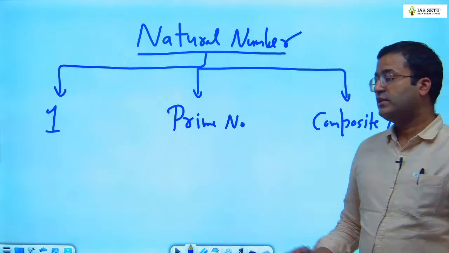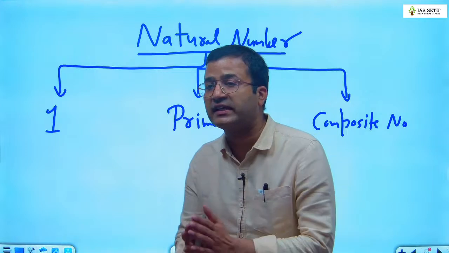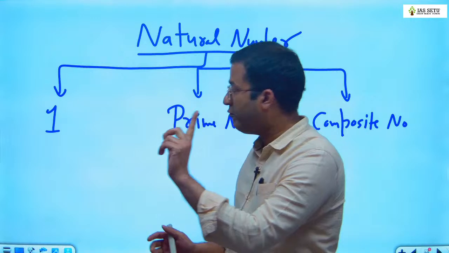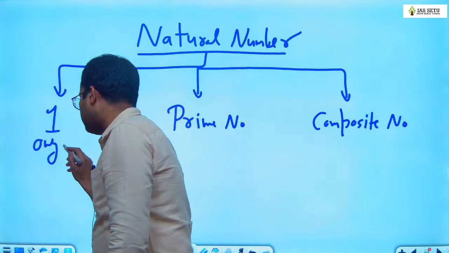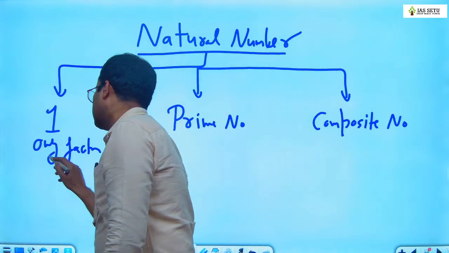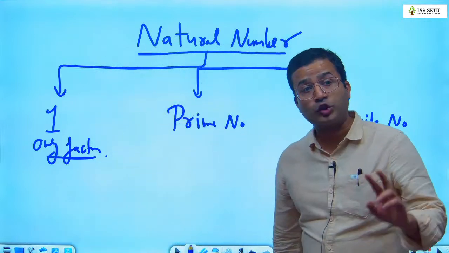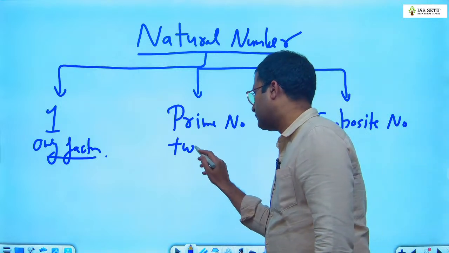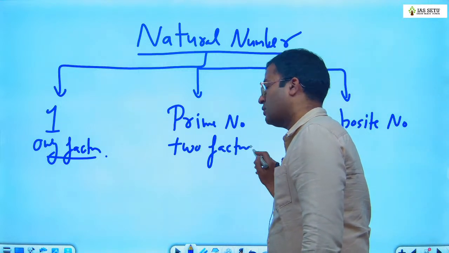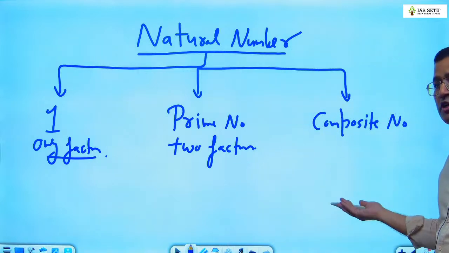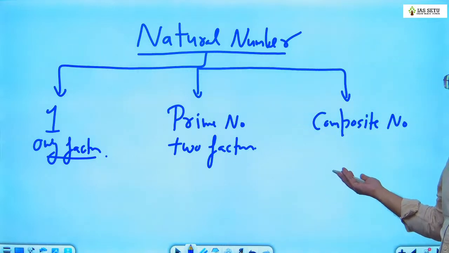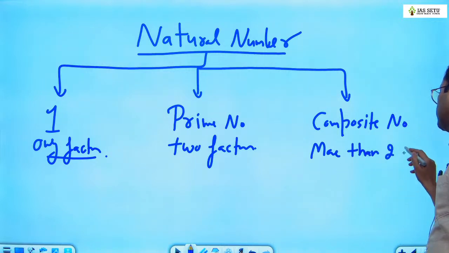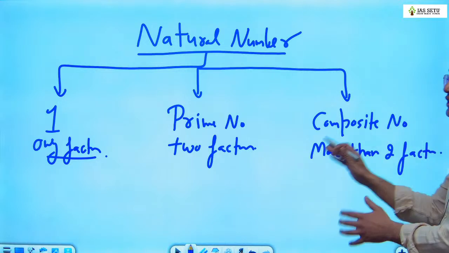I tell you the reason behind this categorization is the number of factors. 1 has only 1 factor. Prime numbers are those natural numbers which have exactly 2 factors. The rest, which have more than 2 factors, we start calling composite numbers. This is the reason.